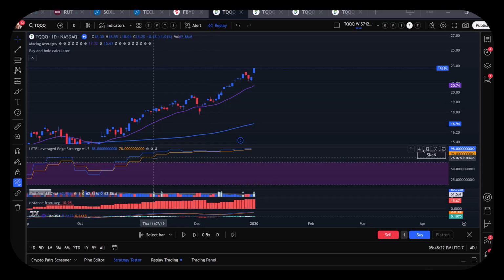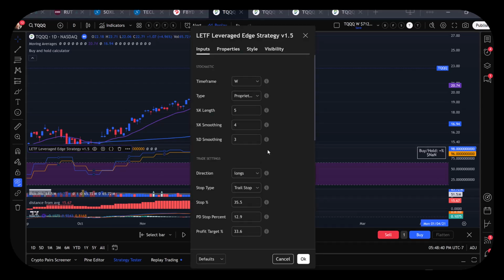And the different versions of the strategy, the daily and the weekly, have a little bit different characteristics. And I'm going to show you what those are in a minute. But before I get into that, this is how you get to the settings for the strategy. In this particular case, we're going out weekly, and these are stochastic settings.